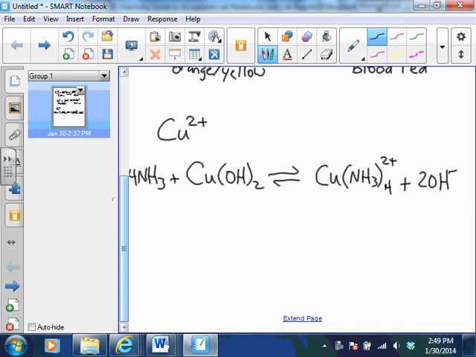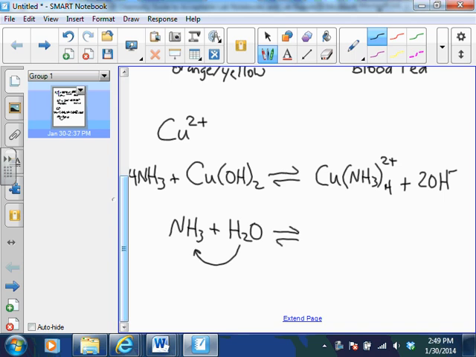So basically what's happening here, when you first add the NH3, and this is the part that you guys might struggle with a little bit because we haven't really talked in a ton of detail about the way that certain bases react in water. It's been since the very beginning of the year we kind of did talk about this. But if you've got something like NH3, it's a base because it can take a hydrogen from water.